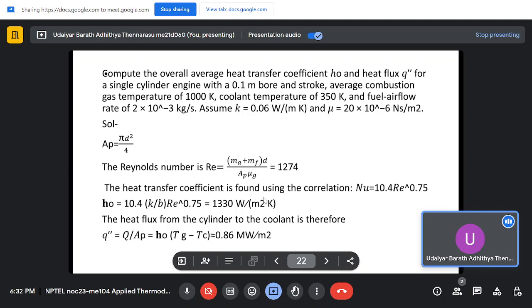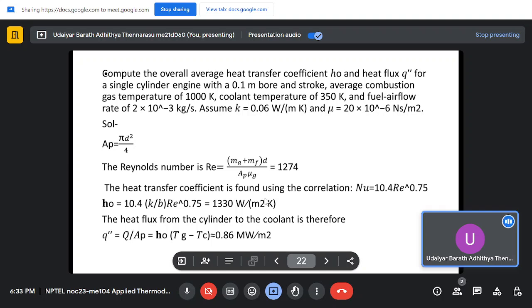They are saying that average combustion gas temperature is 1000 Kelvin. Coolant temperature of 350 Kelvin. So outside, this being an engine, is your water cooled, so the coolant can be water plus glycol or other mixture.